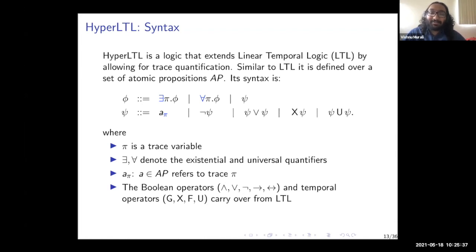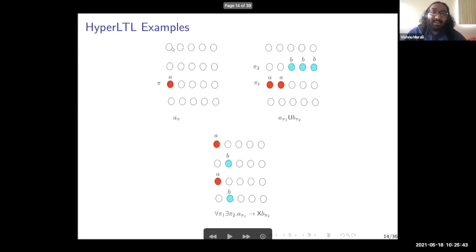But for now, so that we get an intuitive understanding of HyperLTL, let us consider some examples. I use circles to denote positions in a trace, and each line denotes a trace. For example, this is a trace, this is a trace. And so I say that A_pi is satisfied by the set of traces if the trace corresponding to the variable pi initially satisfies the value of A.